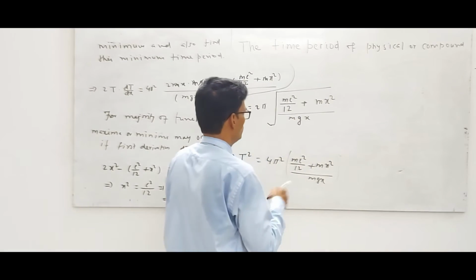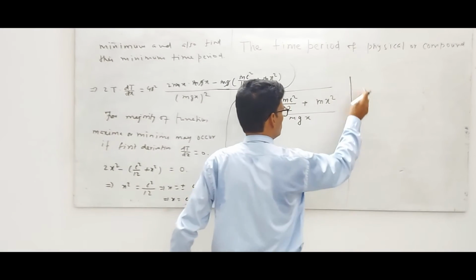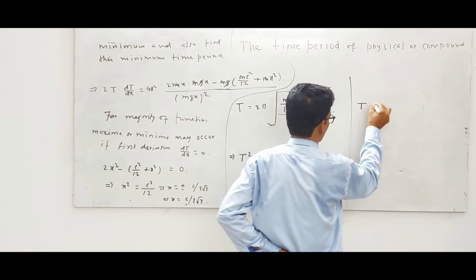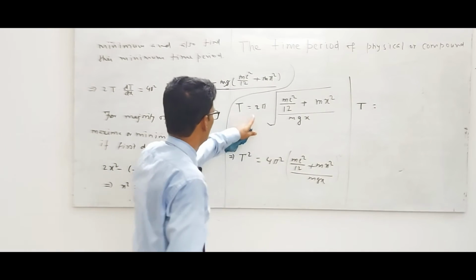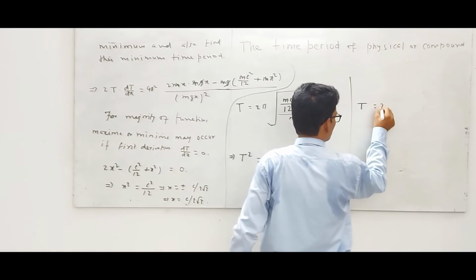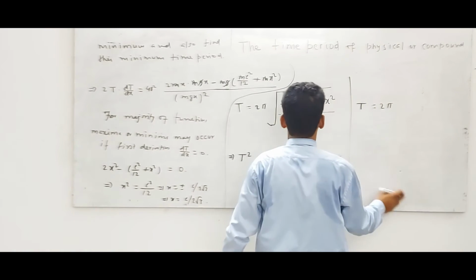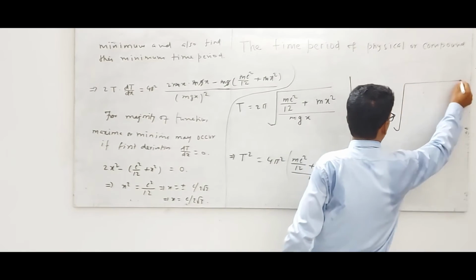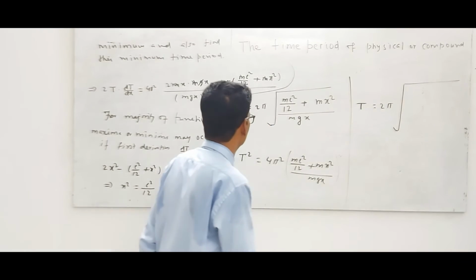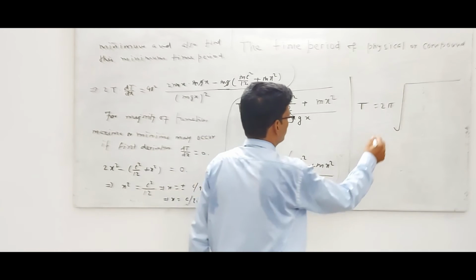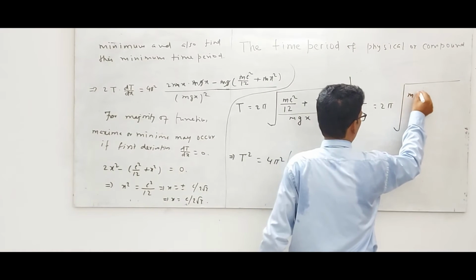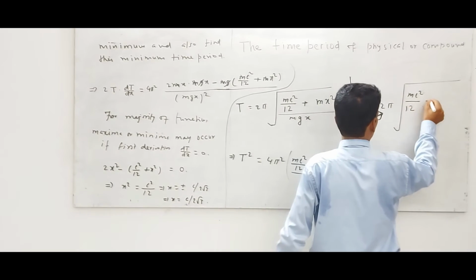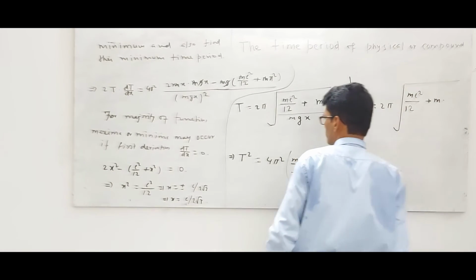So now we put it in. The time period T is equal to 2 pi square root of L squared over 12 plus m, what is x?